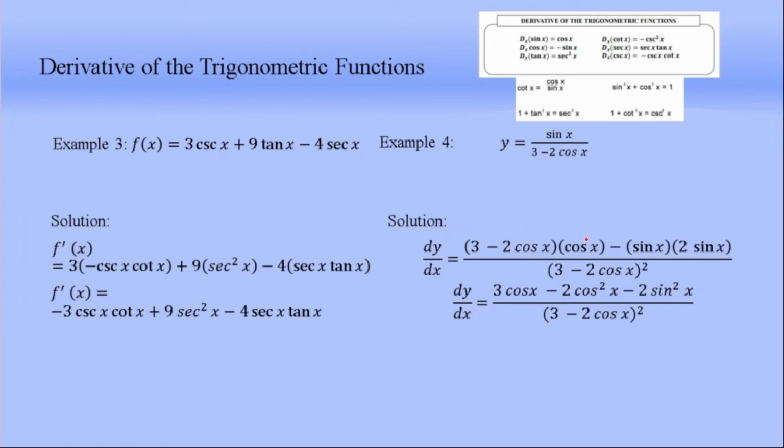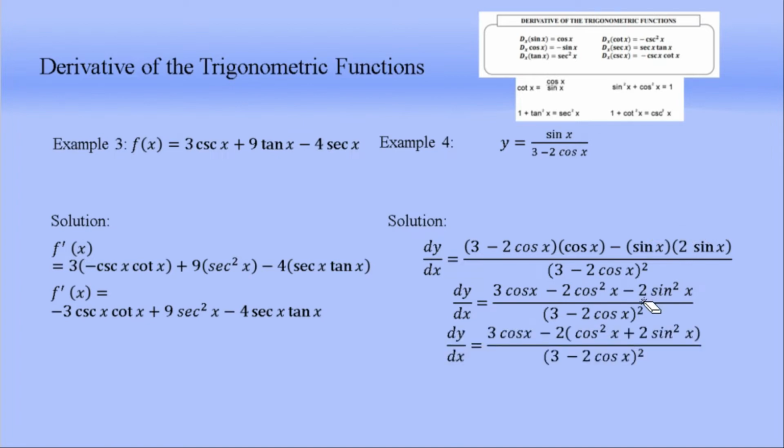Again, multiply this to this and this to this. So cos x times 3 is 3 cos x, and cos x times negative 2 cos x is equal to negative 2 cos squared x. And then minus, let's multiply this, so it will be negative 2 sine squared x. And this remains the denominator.